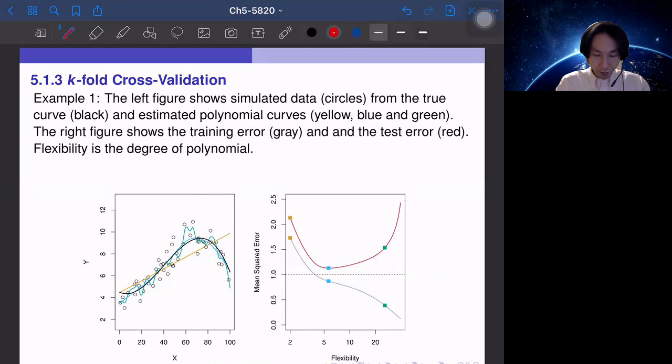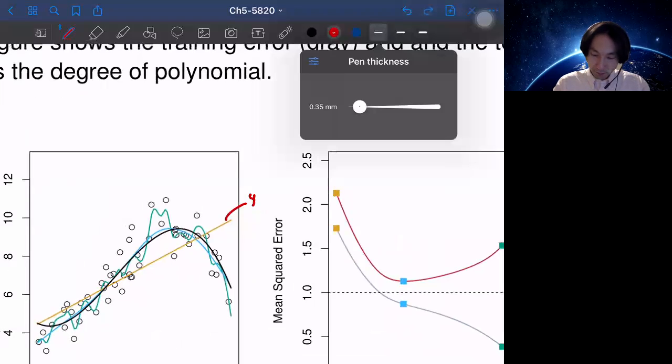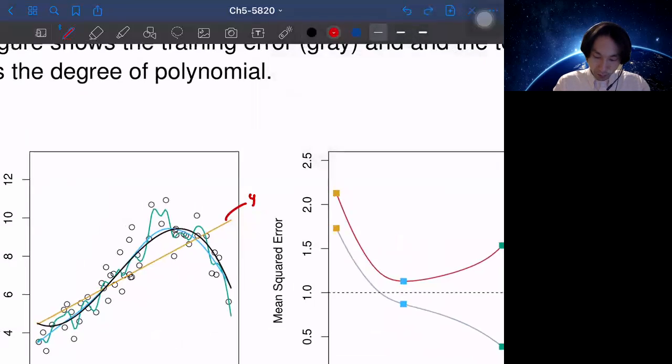The yellow one is just linear regression, so this is a straight line, y equals a plus bx or something.